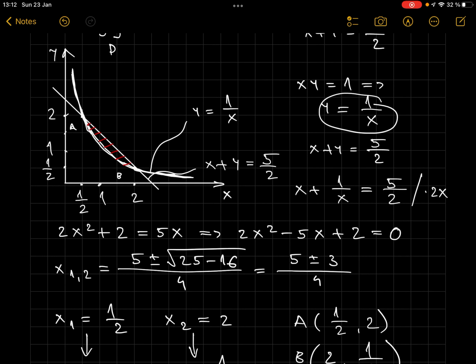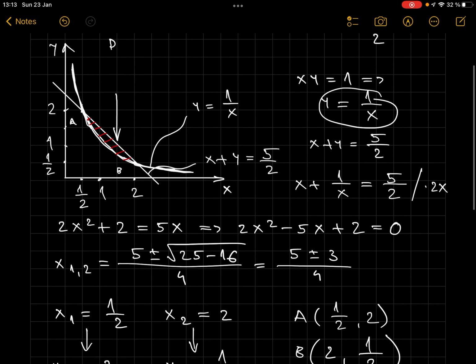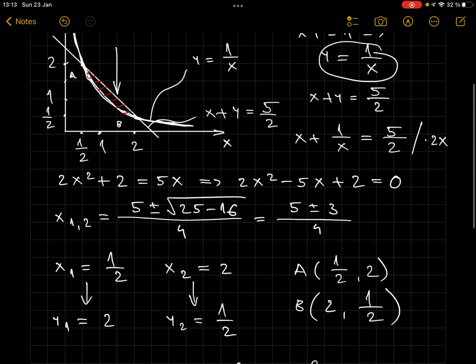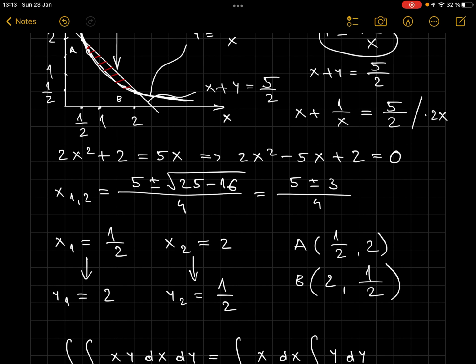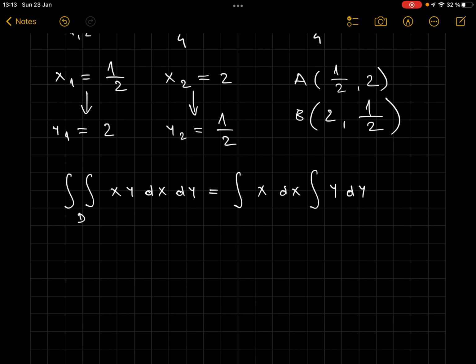Well, how do we solve this? First, we draw a line as if something is falling on top of the graph. What's the first function of x that we get to? First we're going to hit a straight line, namely x plus y equals 5/2, from where we get that y is equal to 5/2 minus x.